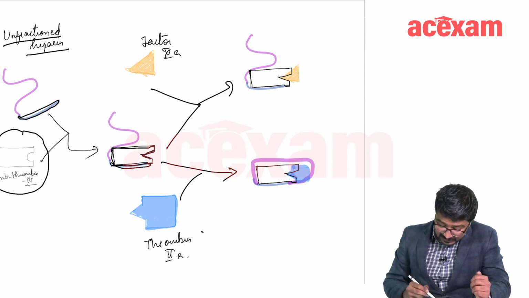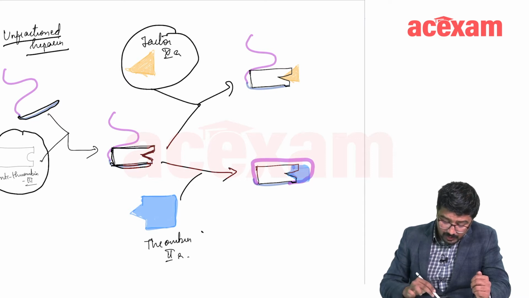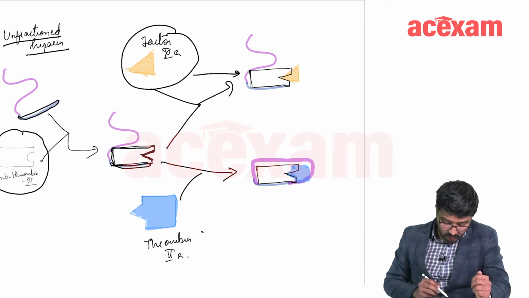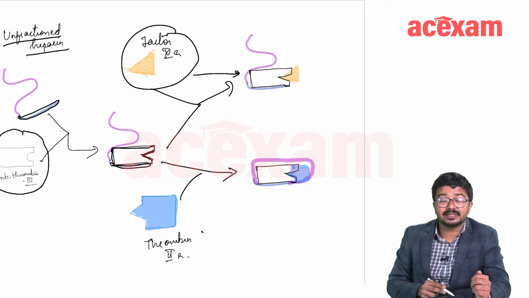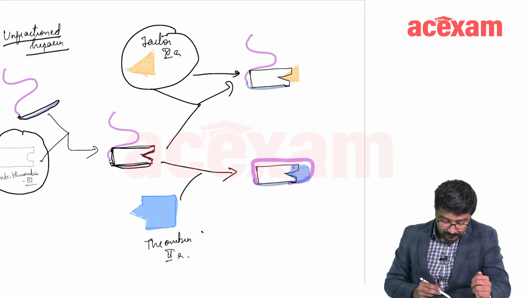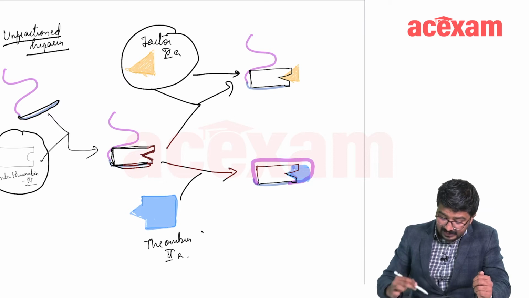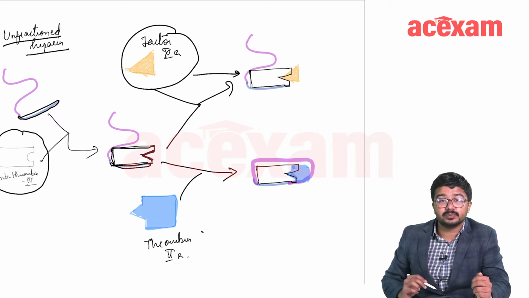This change causes it to be ready to be bound with factor 10A. So the heparin has a pentasaccharide as well as a larger polysaccharide structure. Now, antithrombin 3 sits on the pentasaccharide. As soon as it sits, it changes the active site of the antithrombin 3, and then factor 10A binds with it.